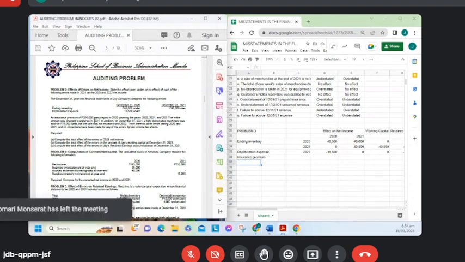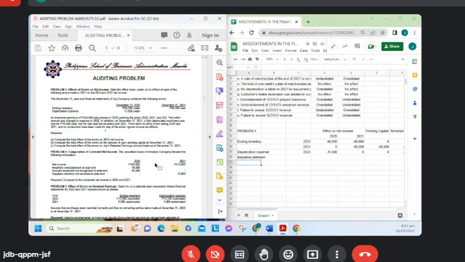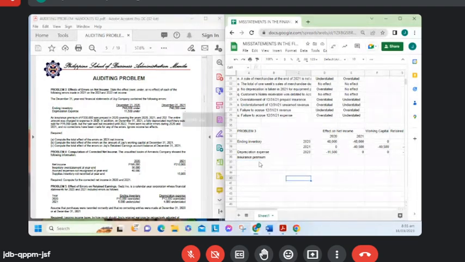I think there is a correction here. It should not be 2021, rather it should be in 2020, no? Hindi, tama lang pala. Wait lang. So 2020, 2021.